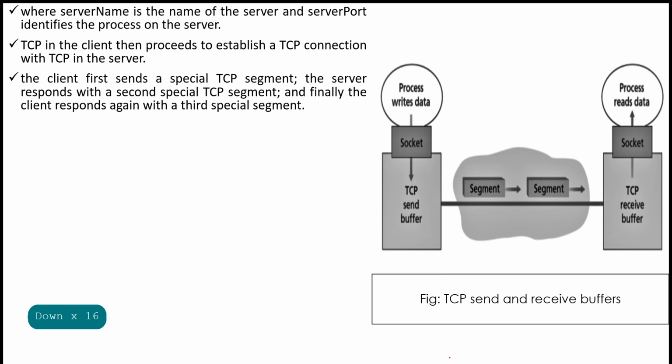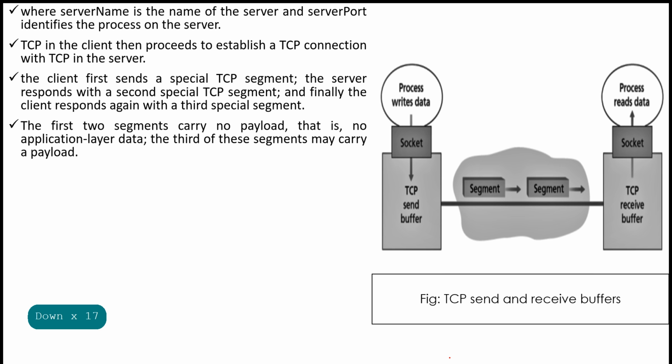The client first sends a special TCP segment. The server responds with a second special TCP segment. And finally, the client responds again with a third special segment. The first two segments carry no payload, that is, no application layer data.